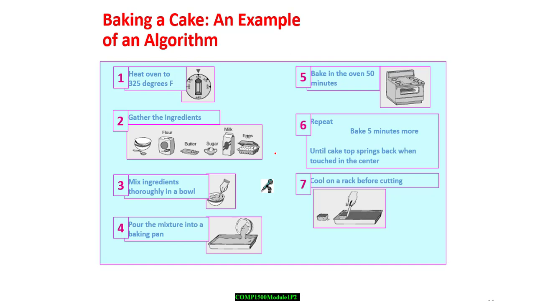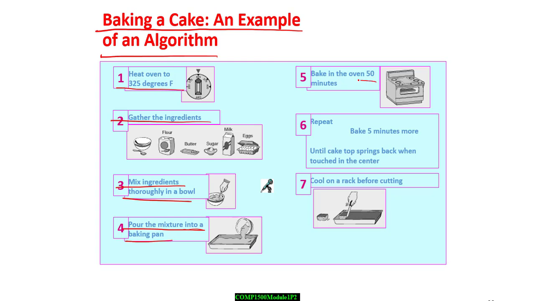Another simple example is the how-to-bake-a-cake algorithm. Quite simple, but most of the time it gets burnt with me. So heat the oven, gather the ingredients, then mix the ingredients, pour the mixture into a pan, bake in the oven for 50 minutes, repeat the bake for 5 minutes until the cake springs back when you touch it.